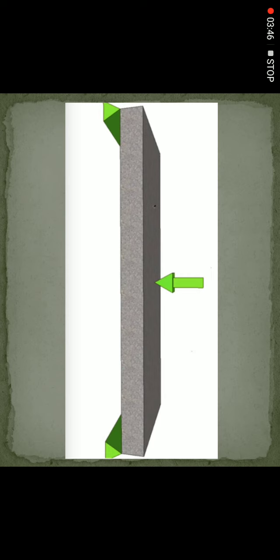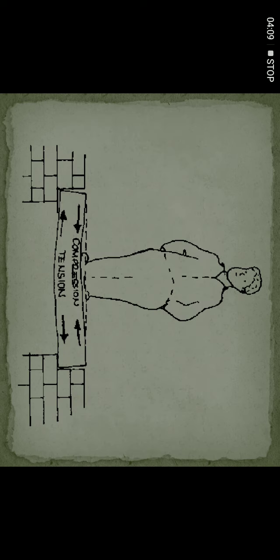You all know very well about support conditions. This slide shows a simply supported member. Member means it may be a beam or slab having a central point load. When the load acts downwards, it will bend like this.